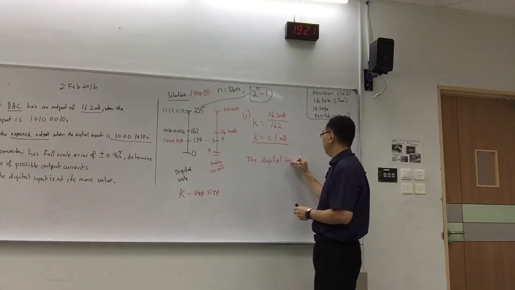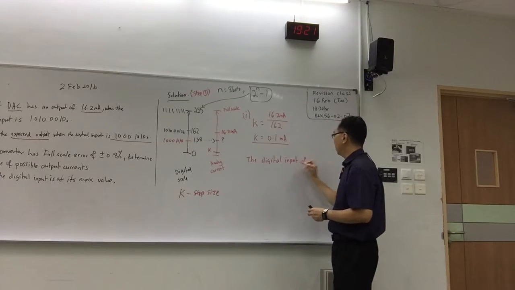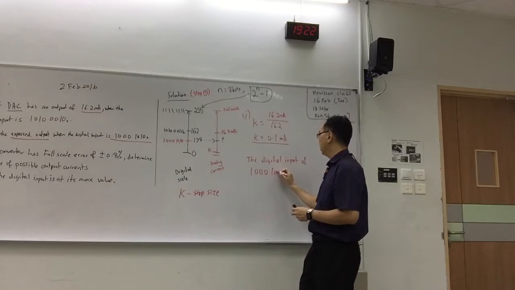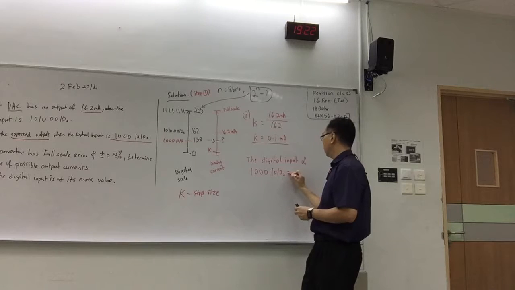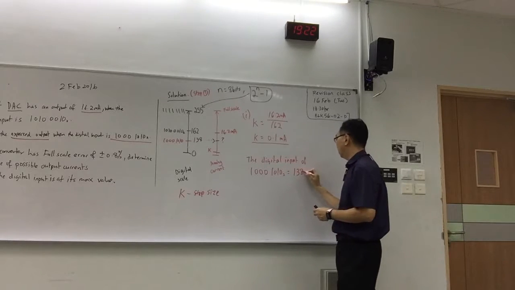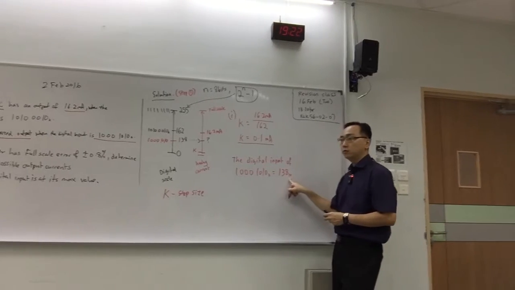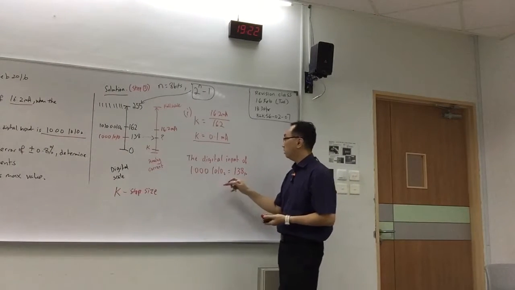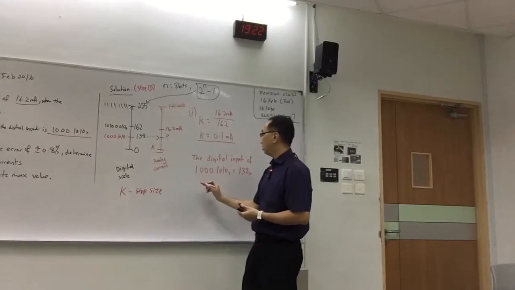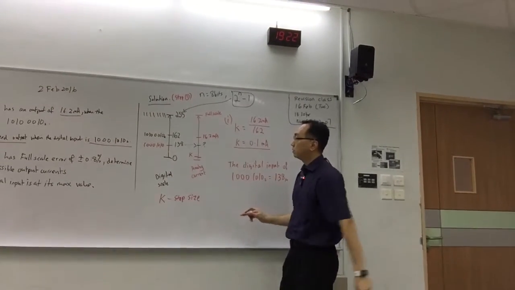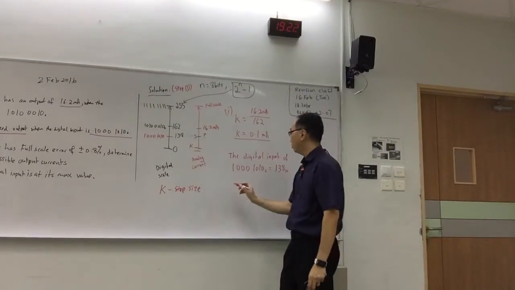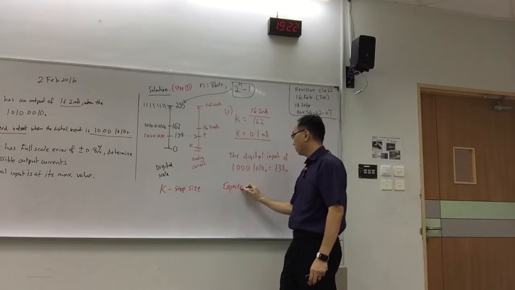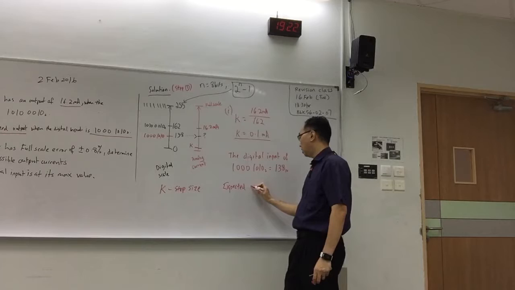The digital input of the question, 10001010 base 2, equals 138 base 10. I put the subscript here to say that it's the base 10 decimal number, and this one is base 2. So then for that digital input, you can write down the expected output current.